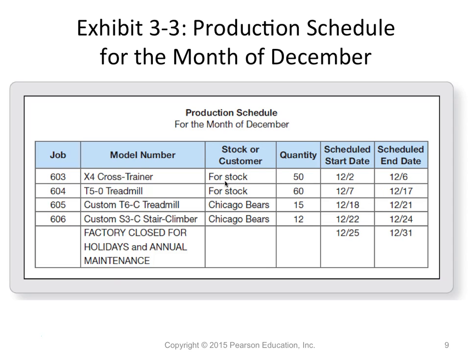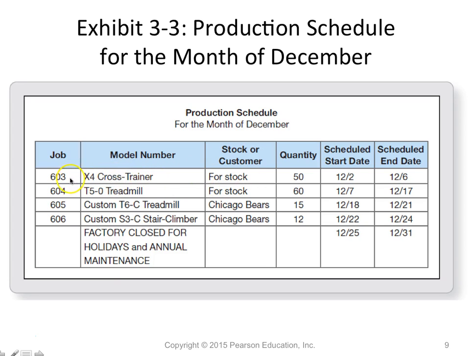Production schedule for the month of December for this company, and they're making cross trainers, treadmills, and so on. So the jobs will have job numbers, and each job may have multiple quantities, identical ones, obviously identical because they're the same model.